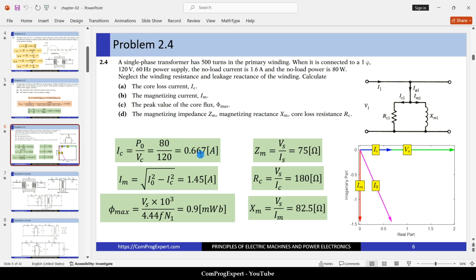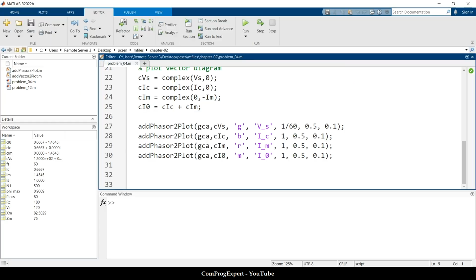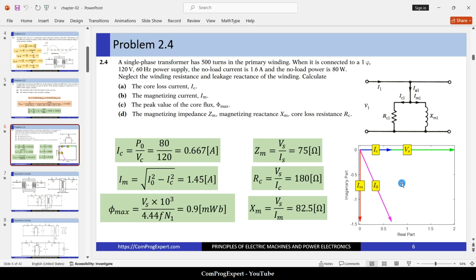And what is the value of the magnetizing current? The current of this magnetizing reactance. This is IM, this is IC, and this is IS. So you know that we have this vector diagram.